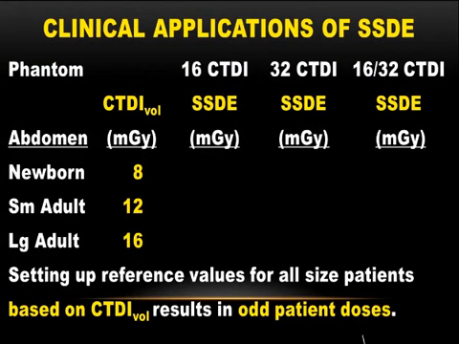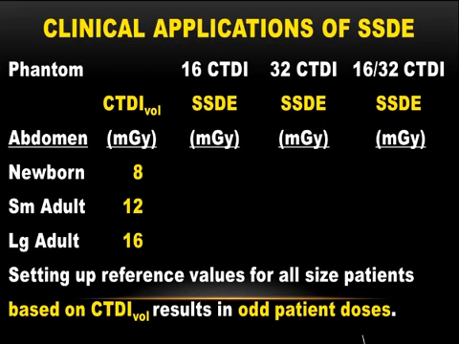So here's a simple application of SSDE. Let's assume I'm in a pediatric institution and I want to set up some reference values for doses for various size patients, and I don't really realize that CTDIvol is not a patient dose. And I make the assumption, well, I want 8 milligray, 12 milligray, and 16 milligray respectively for my newborn, my small adult, and my large adult.